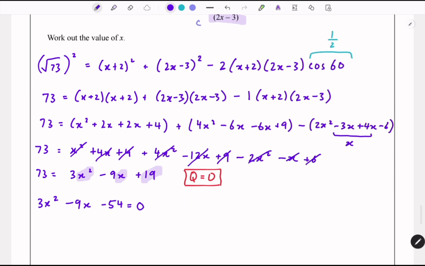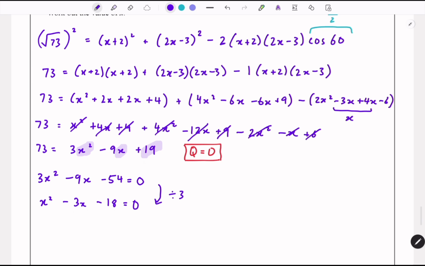To make this even easier for ourselves, 3, minus 9, and minus 54 are multiples of 3, so I'm going to divide the whole equation by 3 just to make it easier to factorize. I get x squared minus 3x, and then 54 divided by 3 is minus 18 equals 0. To solve this, we can factorize or use the quadratic formula.